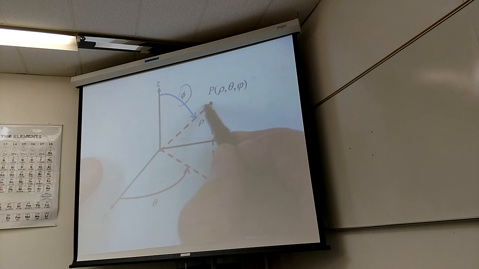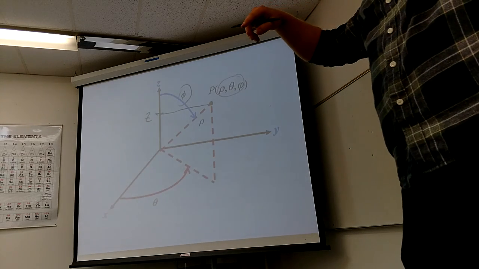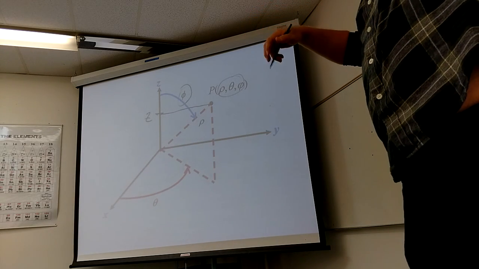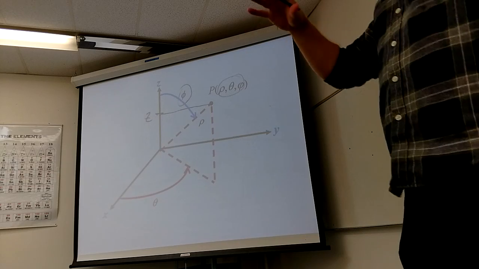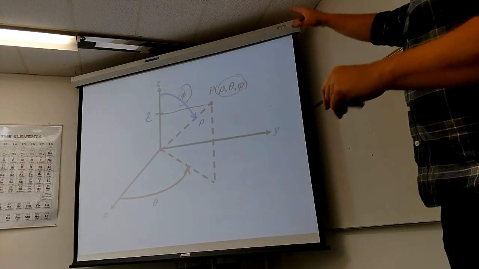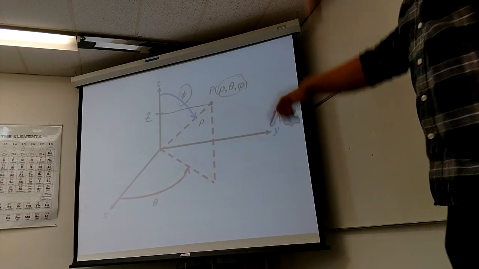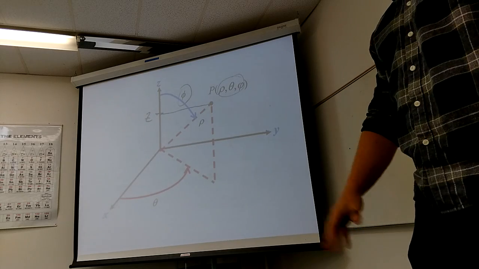So what's the z component going to be? That's got to be the easiest part of this. What's z going to be in terms of all this stuff? So z is not equal to phi, right? Because if I keep phi the same but increase or decrease rho, z goes up and down accordingly.